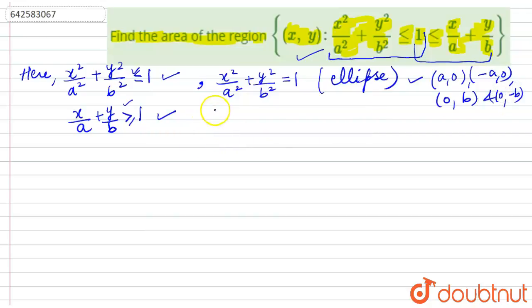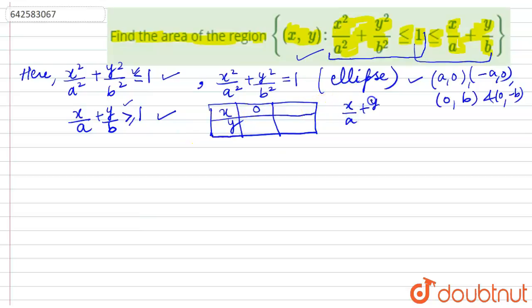And when you find the points of this line, if you put y to be 0 we get x to be a, and if you put x to be 0 first, then you will get y to be b. So the 2 points would be (0, b) and (a, 0).